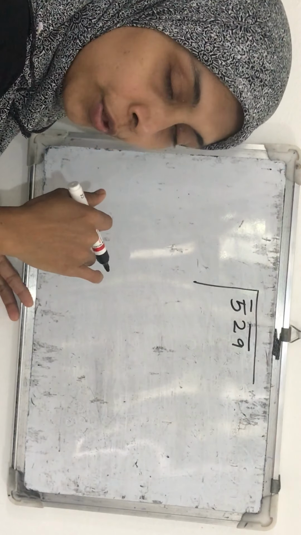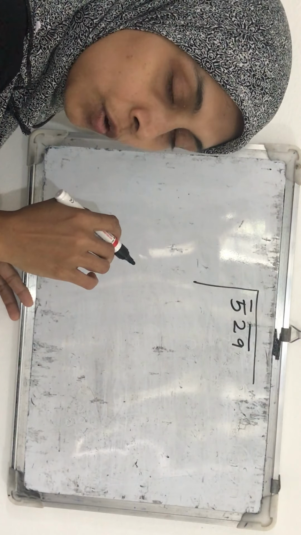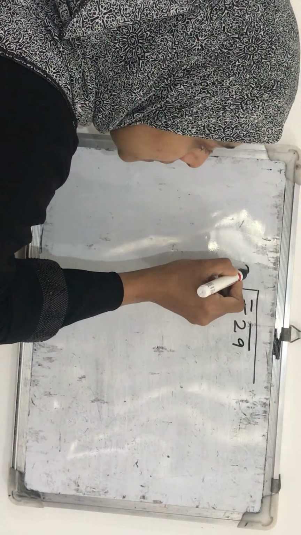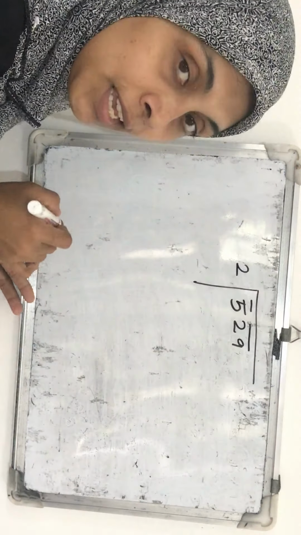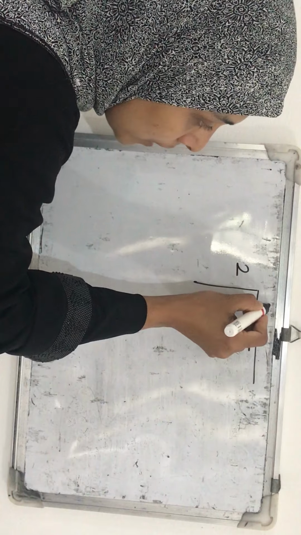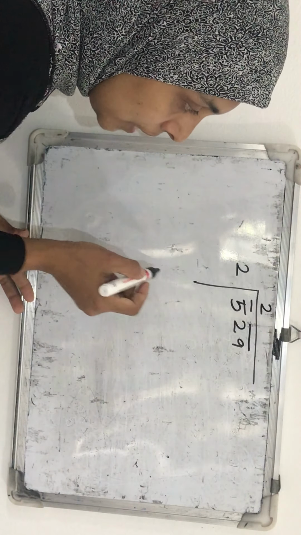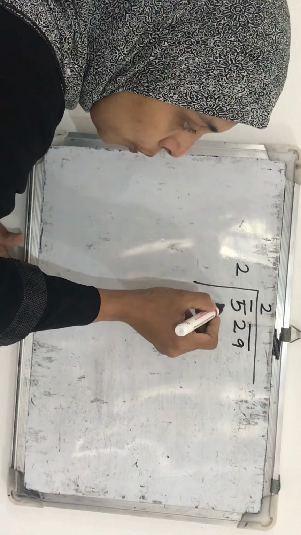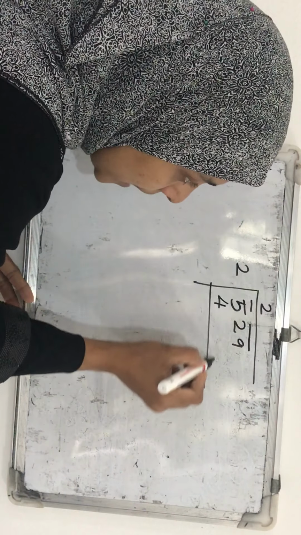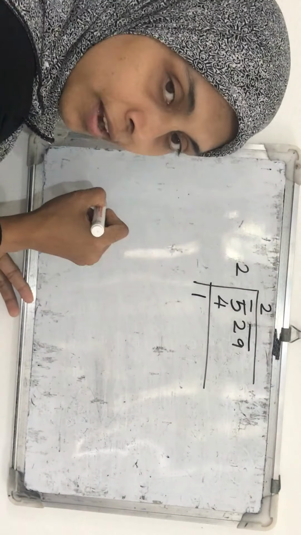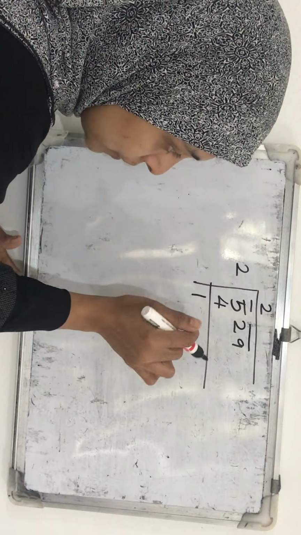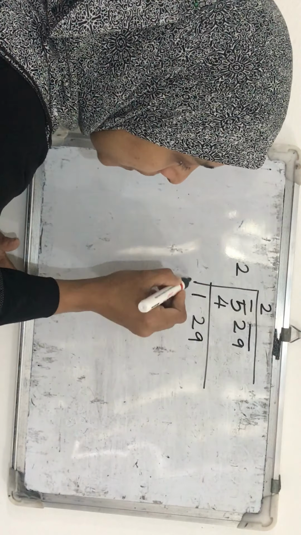Then take its square root. What is the square root of 4? 2. Then that we want to select as the divisor and quotient. Okay. Then multiply this 2 into 2, 4. Subtract 5 minus 4, 1. Next bring down 29 together, 129.